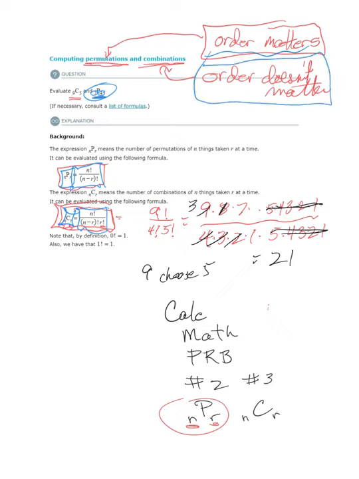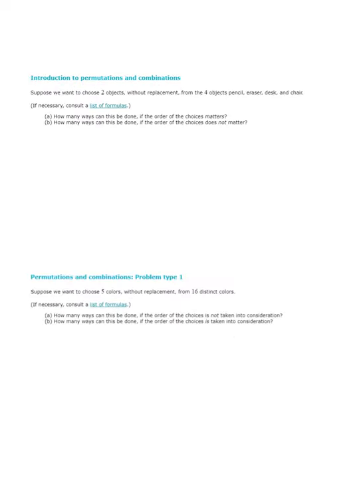Let's try the next one. All right, so in this problem, we are talking about, suppose we want 2 objects without replacement from 4 objects. So we've got pencil, eraser, desk, and chair. We're picking 2 of those objects. How many ways can we do that if the order of the choices matters?